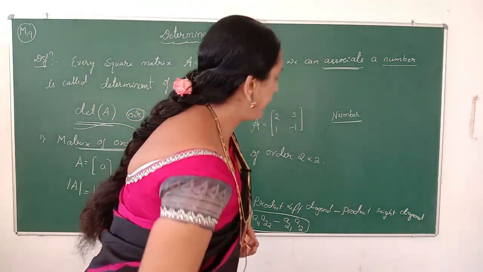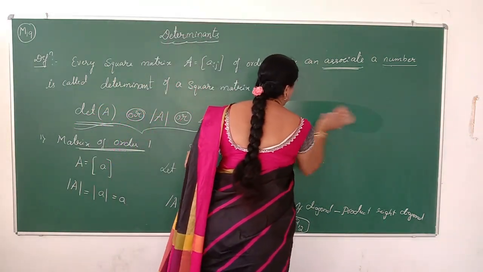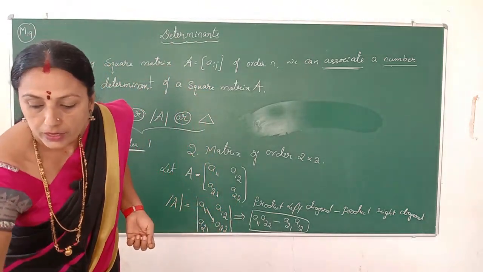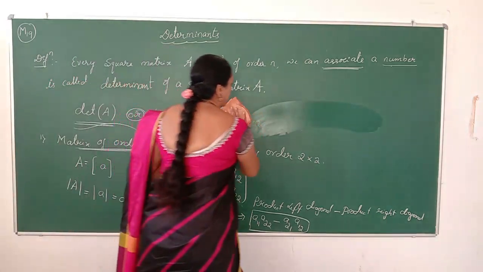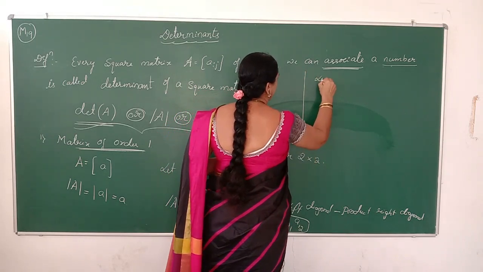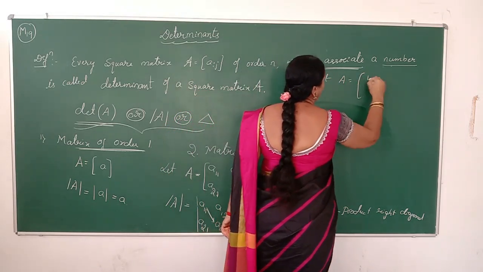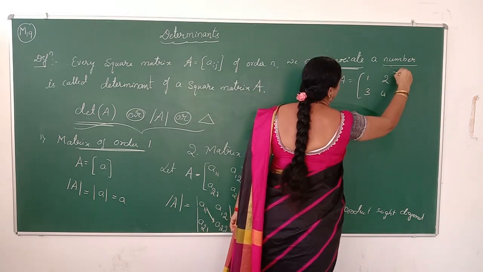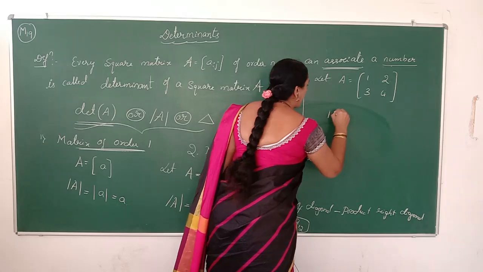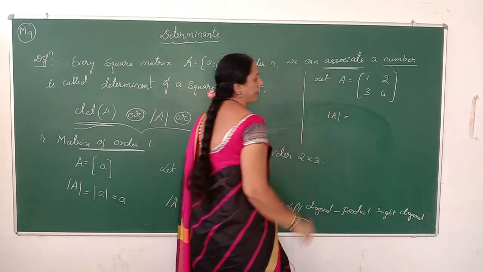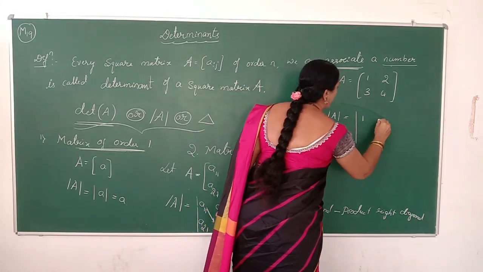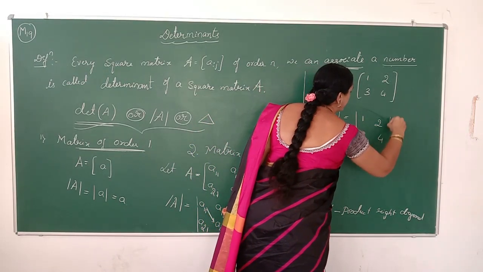So what are the examples of determinants? Let's give one example of how to find the value of a determinant using a 2 cross 2 matrix. Let A be equal to 1, 2, 3, 4. It's a 2 cross 2 matrix. Then delta A, or determinant of A, can be written using the determinant lines 1, 2, 3, 4.